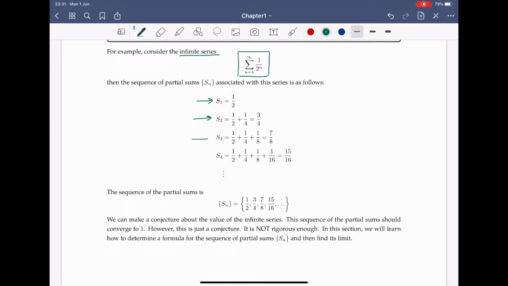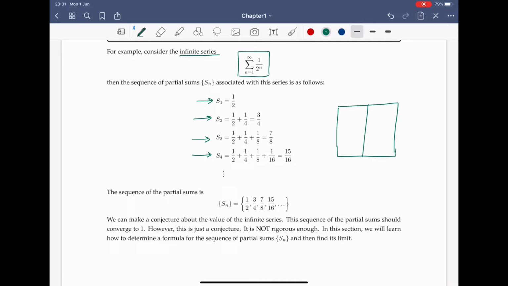Then S3 is going to be 7 over 8, because I add 1/2, 1/4, and 1/8. Then for S4, I add 1/16 to the series, and I get 15 over 16. You can see that the value of Sn is just getting close to 1, right? This is the same example as we did on the previous slide.